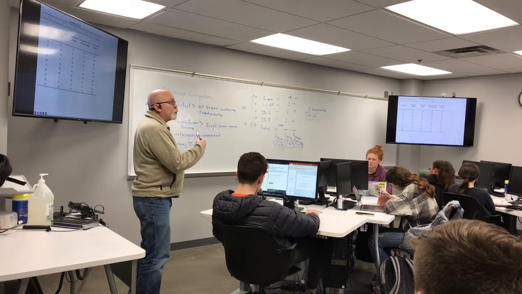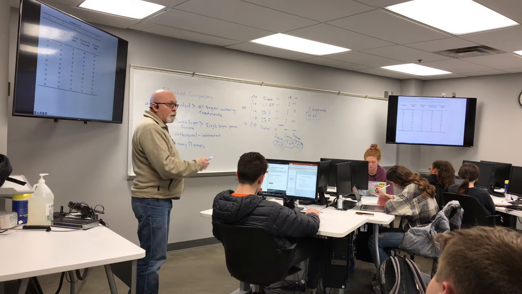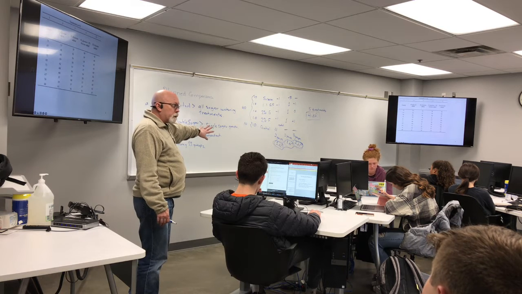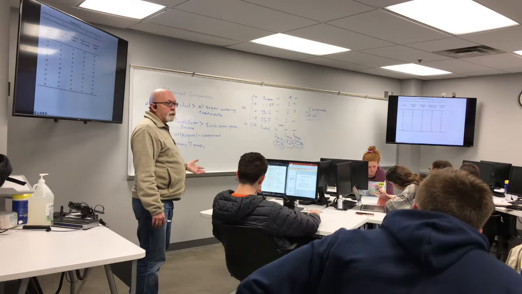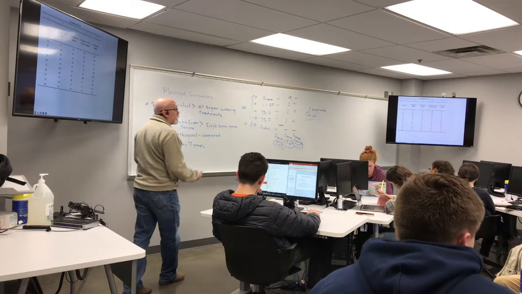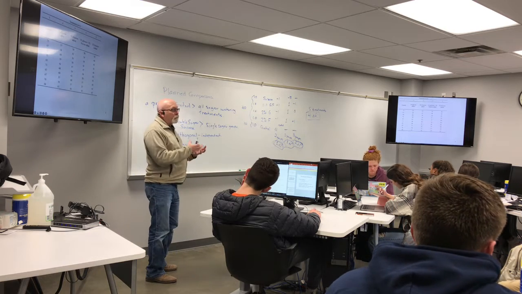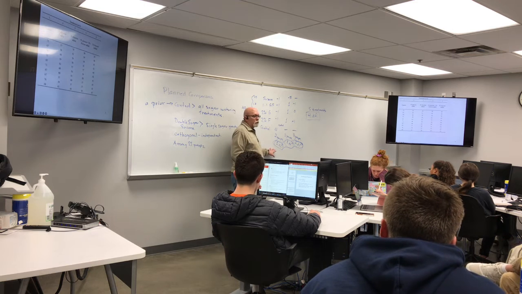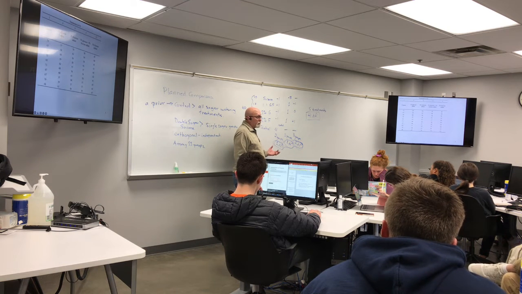Now, you could do some other planned comparisons if you wanted to, but you would have to get rid of one of these planned comparisons in order to gain the degrees of freedom to do those. So one of the ways in which planned comparisons preserve your type 1 error rate is it doesn't let you go beyond the number of degrees of freedom that you have to work with. It places a limit on you.